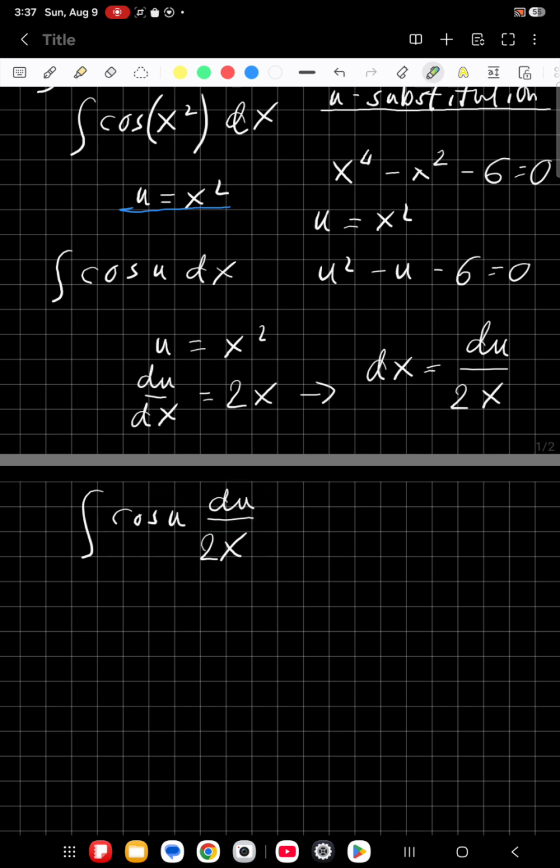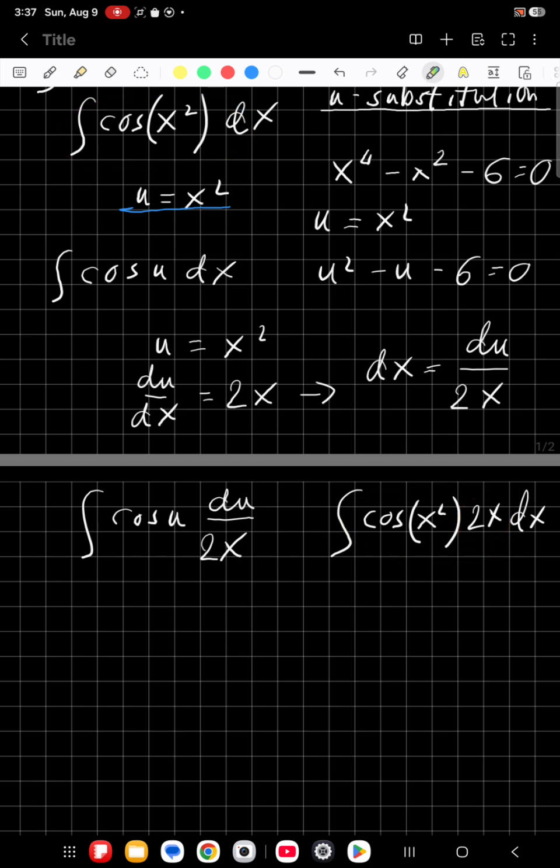Now imagine that I was integrating a function that looked like this, cosine x squared times 2x dx. Look how different this function is from that one. And the difference is that 2x.